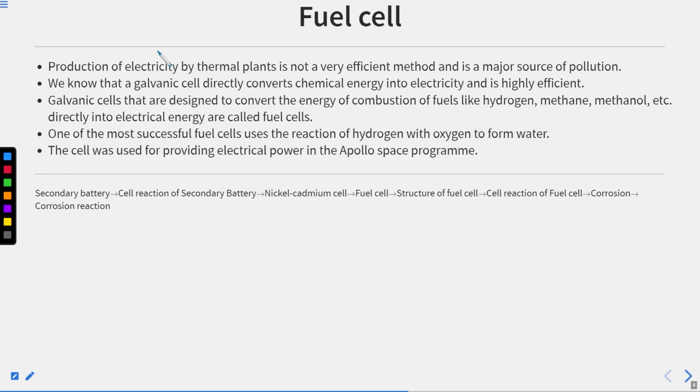One of the most successful fuel cells uses hydrogen. We know that water is the oxidized form of hydrogen. So if we use this redox reaction to convert hydrogen into water, it will be a double benefit.